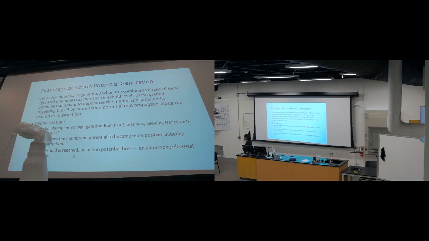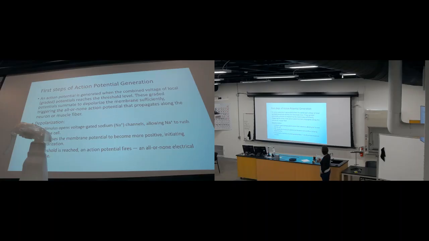Okay, so the axon hillock is the part of the neuron that connects the axon to the actual body. In this area, all the local membrane potentials add up, and then you can reach a threshold and initiate your action potential, which is not different from the one that happened in the muscle fibers.